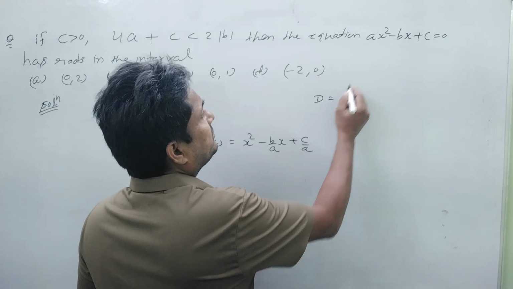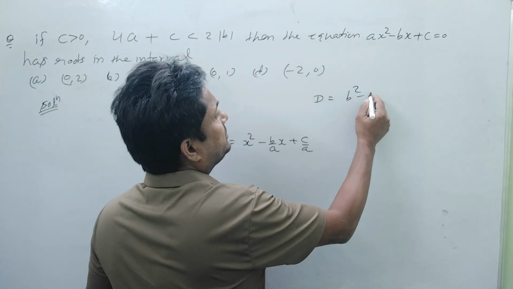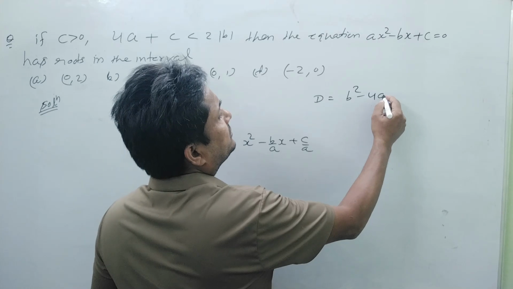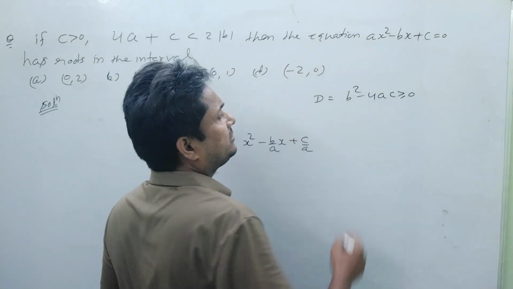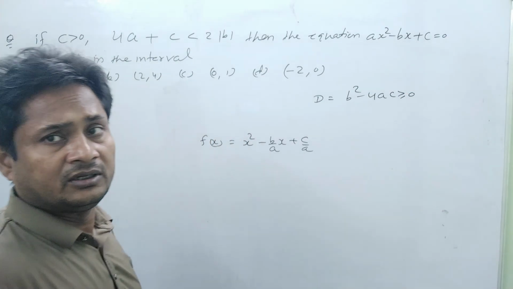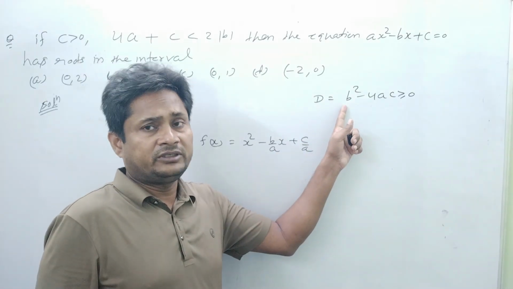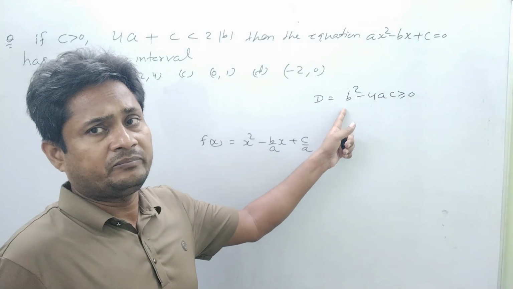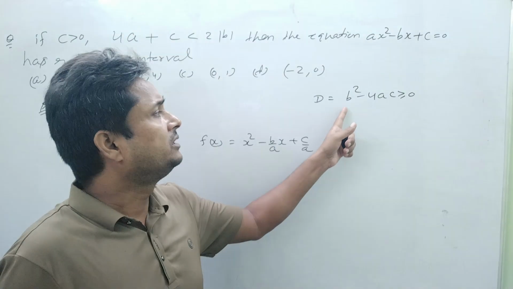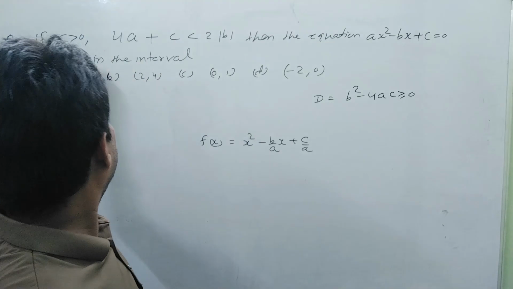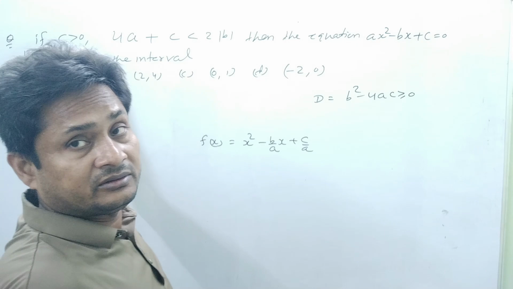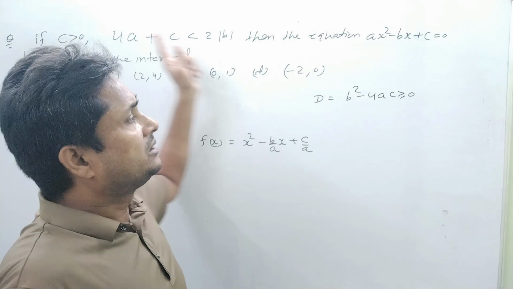So the discriminant of this equation will be what? b square minus 4ac, and this must be greater than or equal to 0. b square is always greater than or equal to 0, because b square cannot be negative. Here c is already given as a positive number.